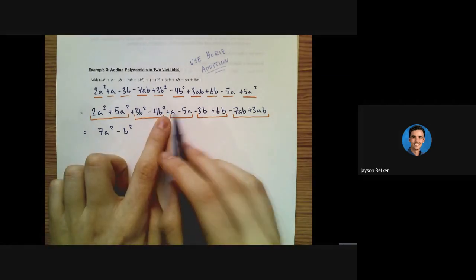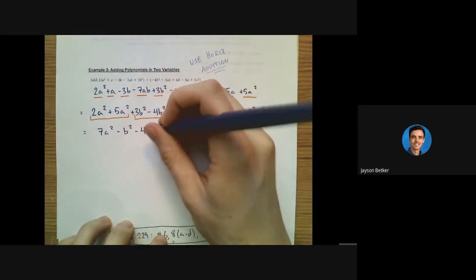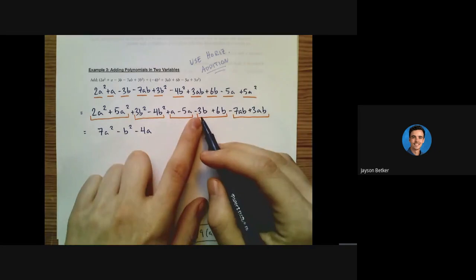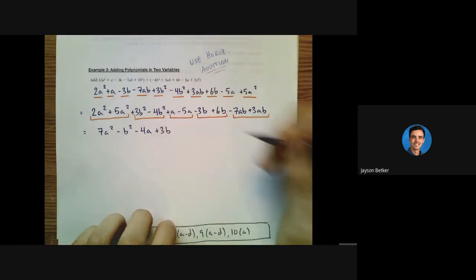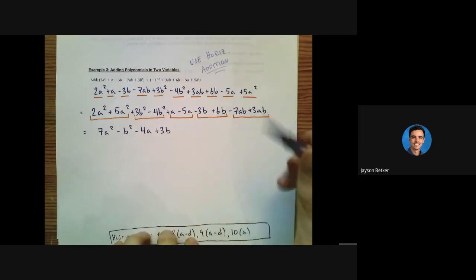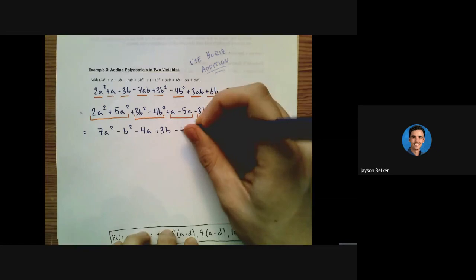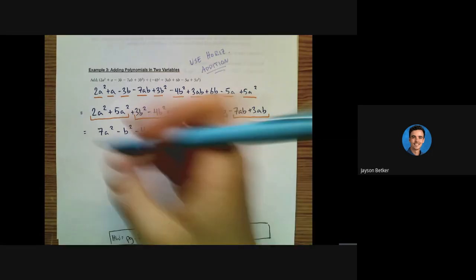Plus 1a minus 5a, so 1 minus 5 should be negative 4a. Negative 3 plus 6 should give me positive 3b. And then negative 7ab plus 3ab should be negative 4ab. And that is all we can do with that. So that's it. That's our final answer. Put a square around it here.